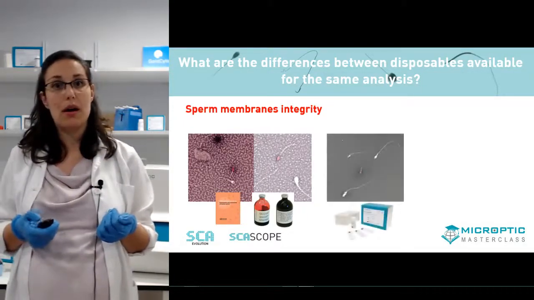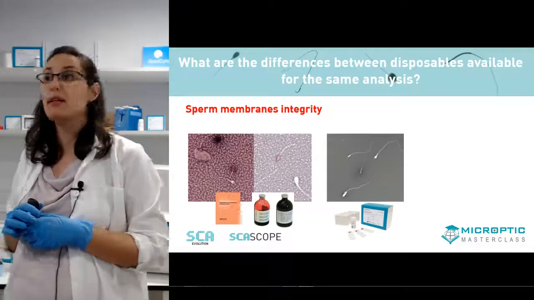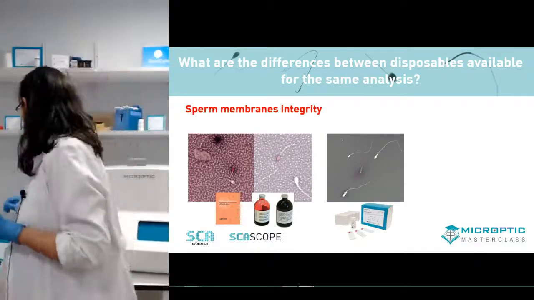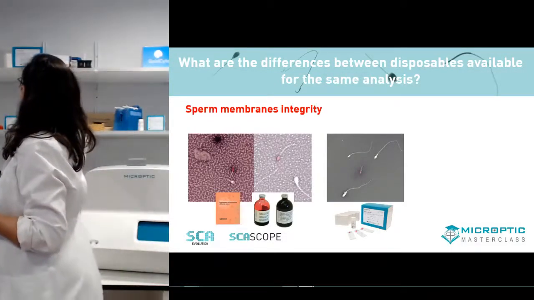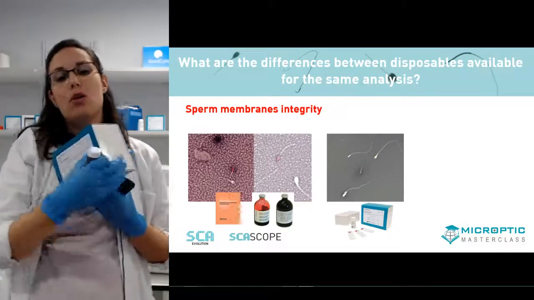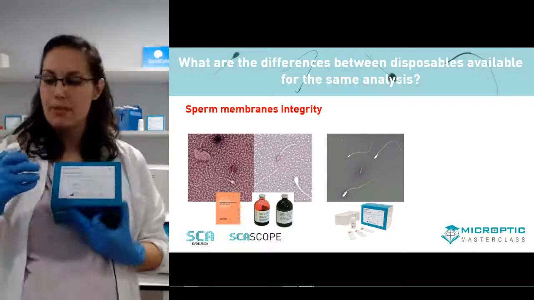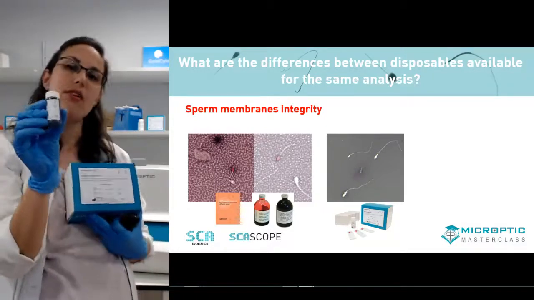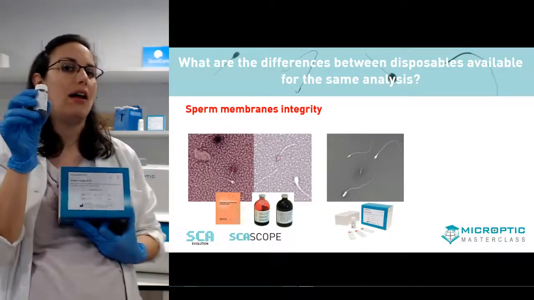This is why MICROPTIC has developed the Brightbit kit. Okay, here are the vitality slides. This is a kit composed of some slides and a reagent for staining the dead and alive sperm.